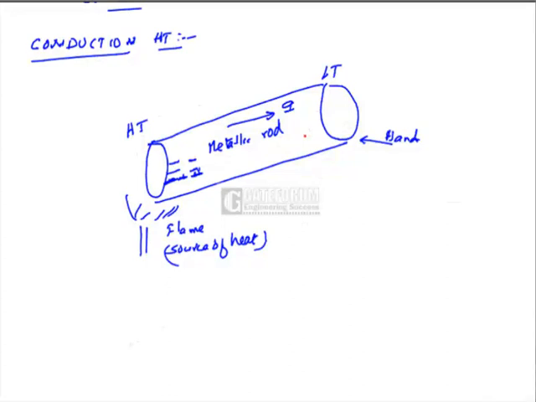Not only by that phenomenon, the free electrons which are present in the outermost orbits of the atoms of the molecules would receive the heat energy and they jump from one molecule to the next molecule and give that energy to the free electron present in the next molecule outermost orbit. That would in turn receive the energy and jump from that molecule and go to the next molecule.